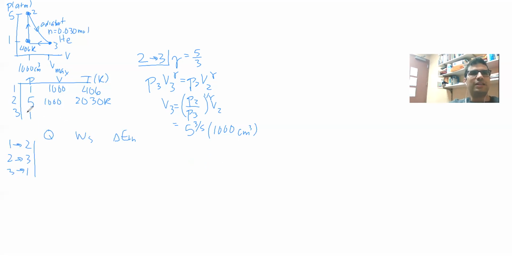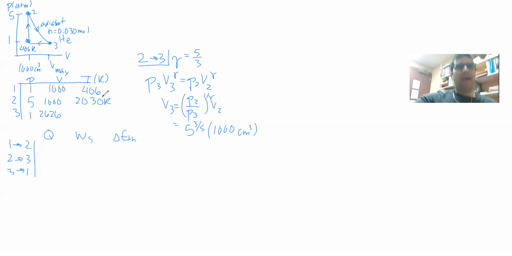You get 2.626. So that's going to make the new volume 2626 cubic centimeters. So that's how you find the final volume as the gas expands adiabatically. It's not 5,000 because the temperature goes down.